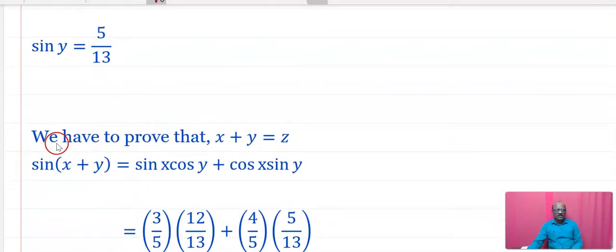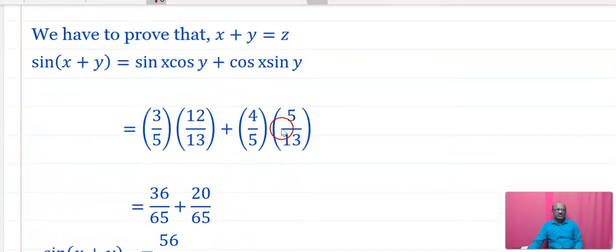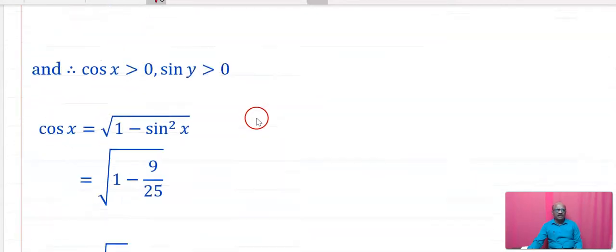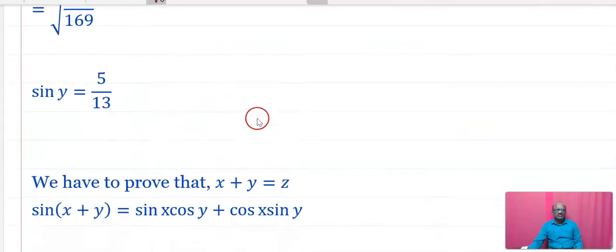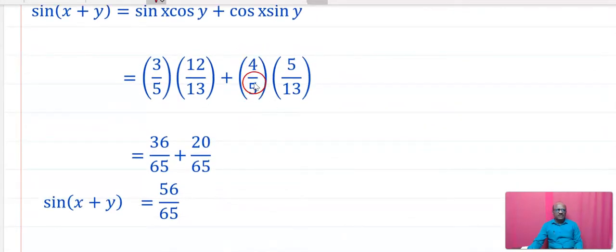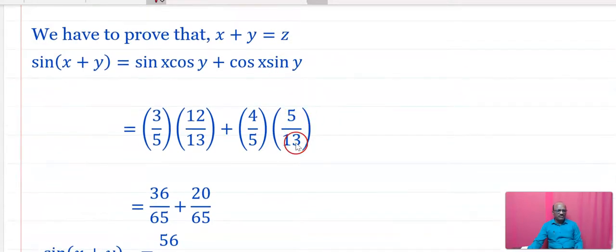Now we have to prove that x plus y is equal to z. Therefore, what is the sin of x plus y? Sin x cos y plus cos x sin y. Substitute the values. Sin x is 3 by 5, cos y is 12 by 13, and cos x is 4 by 5, which we have calculated here. Sin y is 5 by 13.